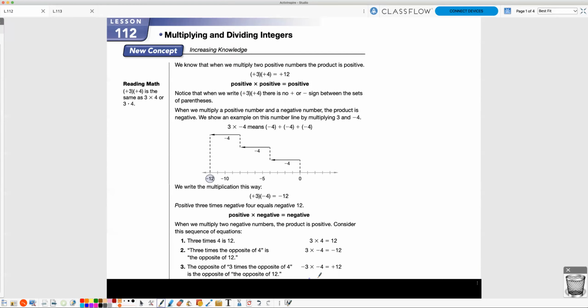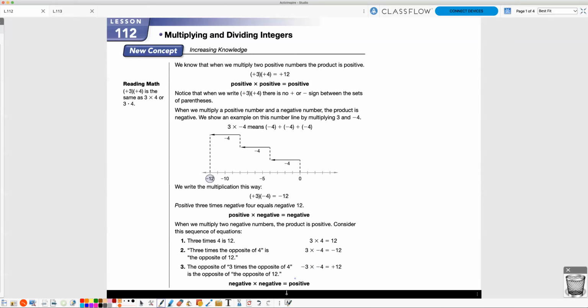So you end up with a positive. Negative times a negative equals a positive. Positive times a positive is a positive. Negative times a negative is also a positive answer. The only time you'll have a negative answer is if one of those is a negative integer.